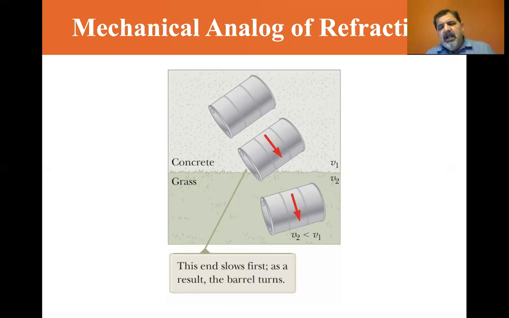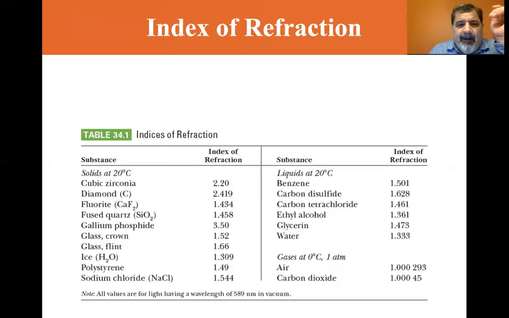As soon as a soldier goes into a marsh or sand or something like that, they're going to slow down. So the soldiers are going to turn, and you're going to get the slower velocity in the mud or the marsh. I thought that was a pretty nice analogy. So there's a mechanical analog of refraction.